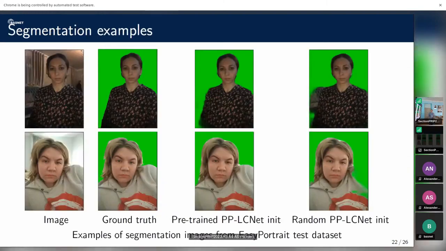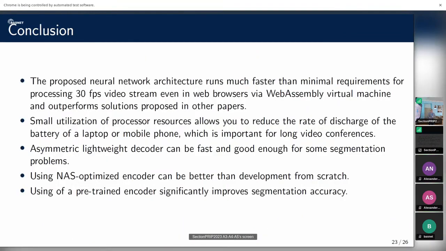Yes, results. These are segmentation results. You can see that using pre-trained encoder initialization, the segmentation mask is much more consistent than when I use random initialization. So the initial feature representation by LCNet is useful.